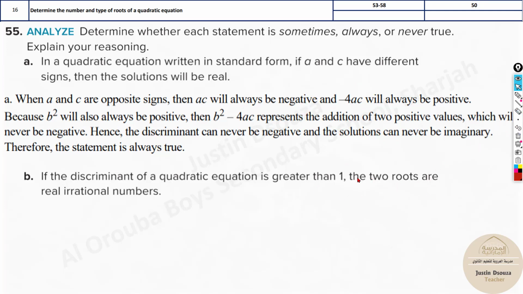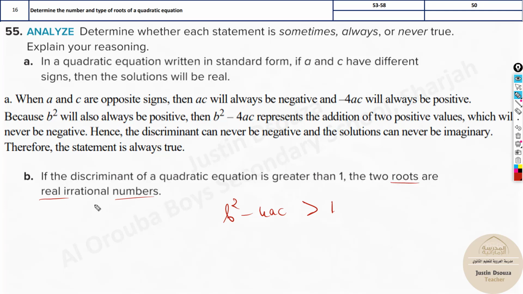Now, if the discriminant of a quadratic equation is greater than 1, the two roots are real and irrational. Now, this is, okay, not correct. If b squared minus 4ac is greater than 1 or greater than 0, yes, it will have two real roots. Real roots is correct.